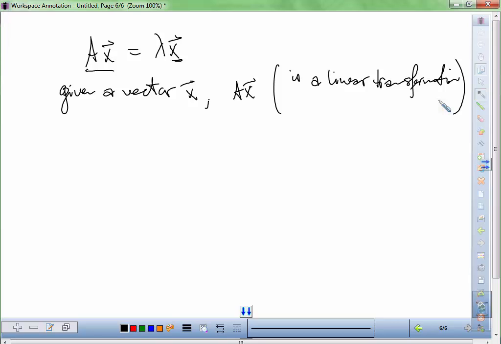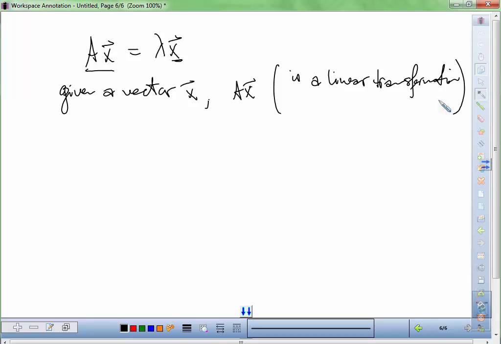A linear transformation takes lines to lines, except for those people who were really meticulous and said that the 0 map was a linear transformation also, which takes a line to a point. So a non-zero linear transformation takes a line to a line.